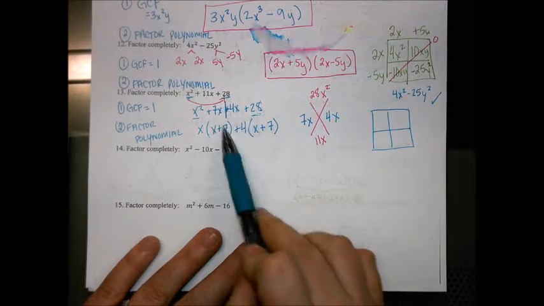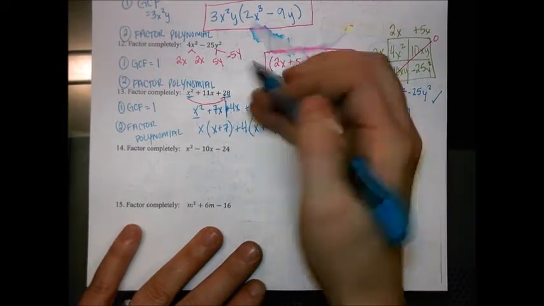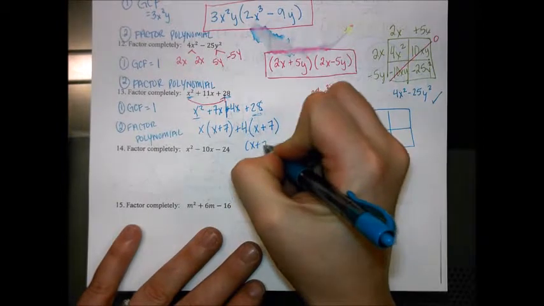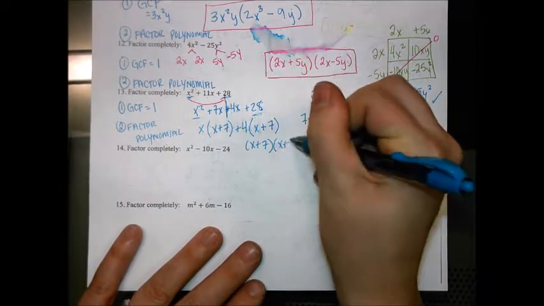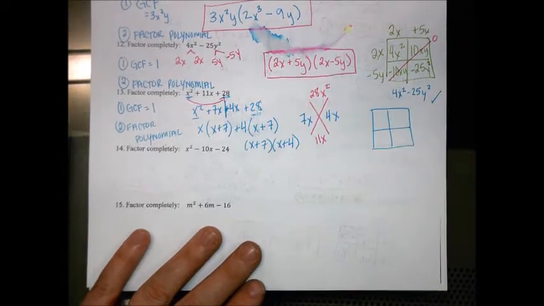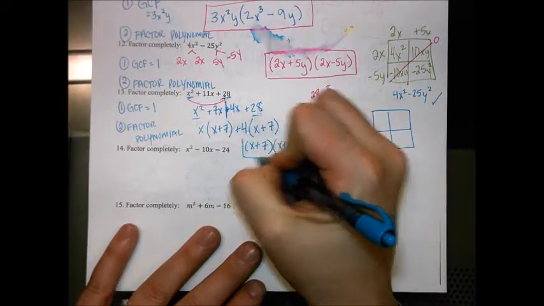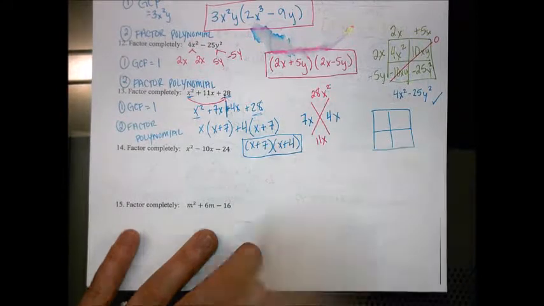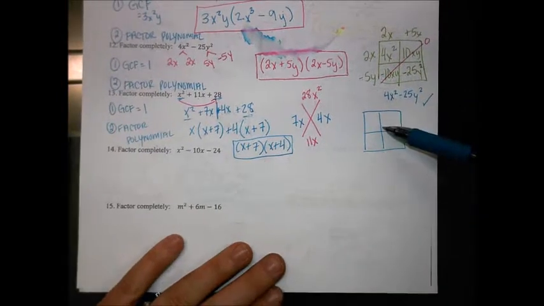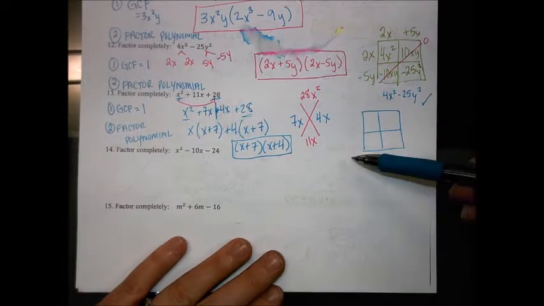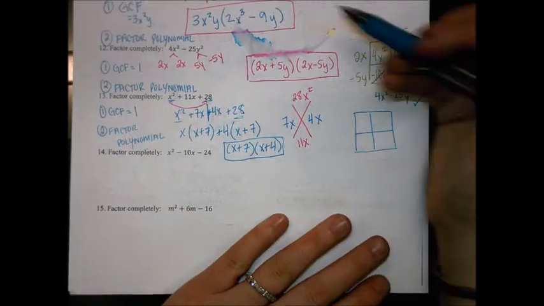Then you can see I can factor out my greatest common factor of x plus 7, and then I'm left with x plus 4. So my answer is x plus 7 times x plus 4. If you want to see the area model, please watch to the right-hand side, otherwise you can jump forward.